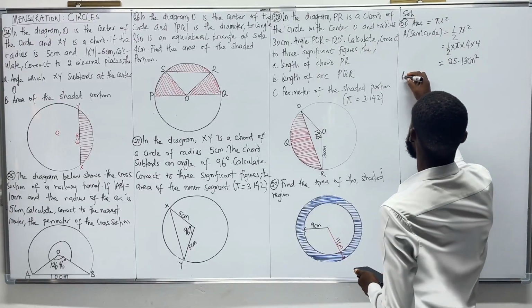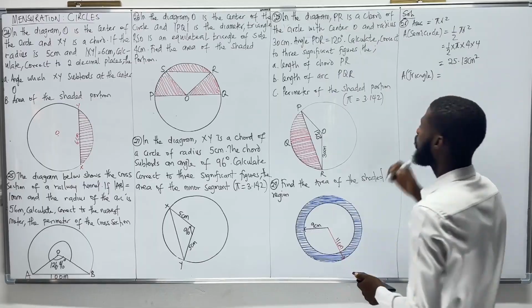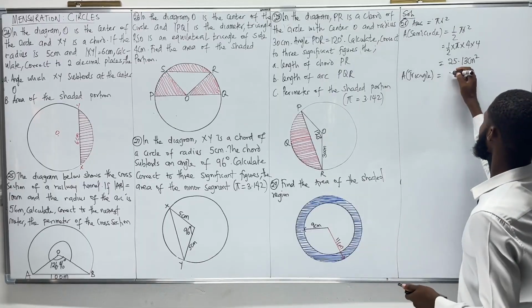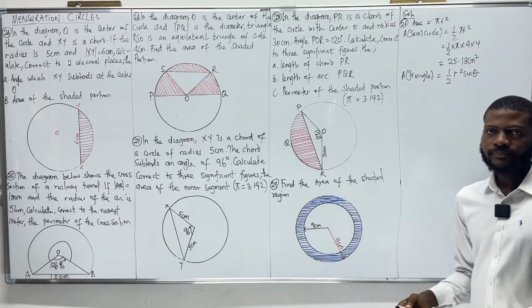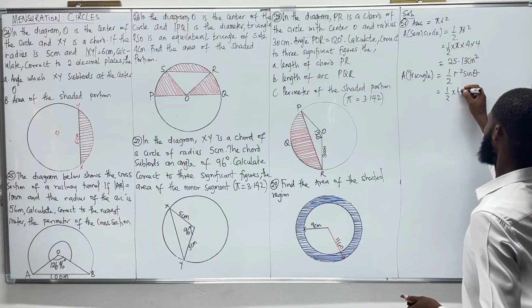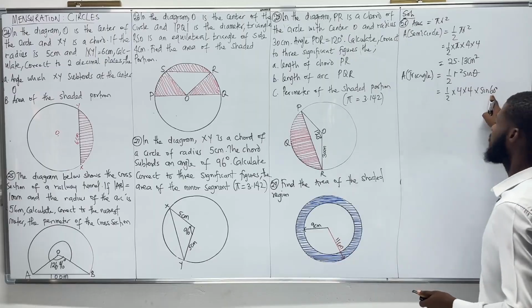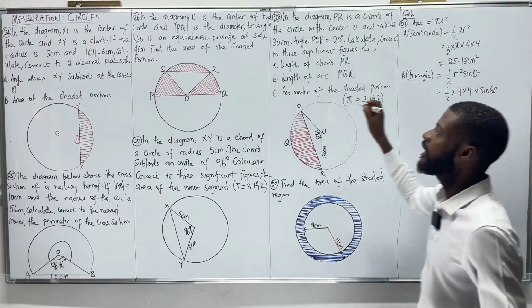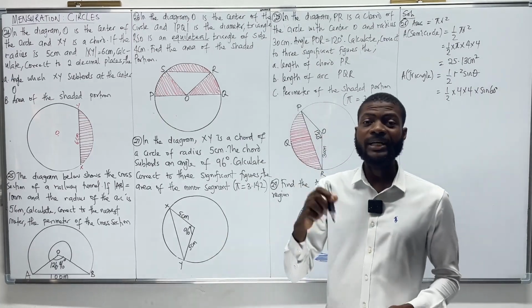So what is the area of a triangle? The area of a triangle in this case is half r squared sine theta. That's the formula for the area of a triangle. So this will be half times 4 times 4 times sine 60 degrees. How did I get 60? It's an equilateral triangle. In an equilateral triangle, all the angles are equal.